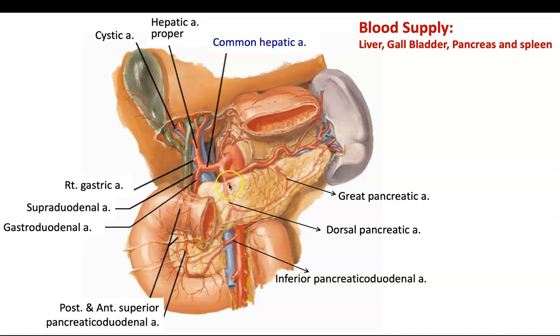The blood vessels include the branches of the splenic artery from the celiac trunk, the dorsal pancreatic artery and great pancreatic artery. These are the branches coming from the splenic artery that provide blood supply to the pancreas. And also the superior and inferior pancreaticoduodenal arteries.